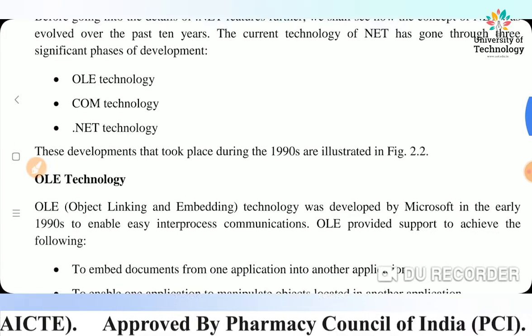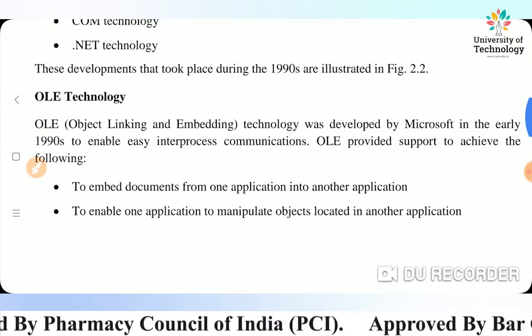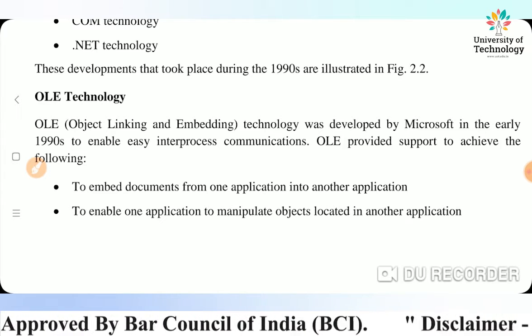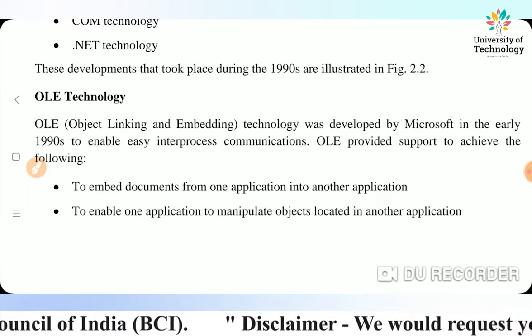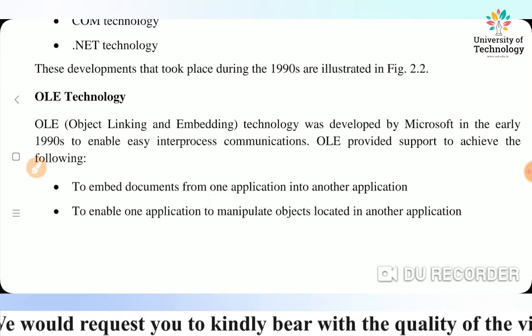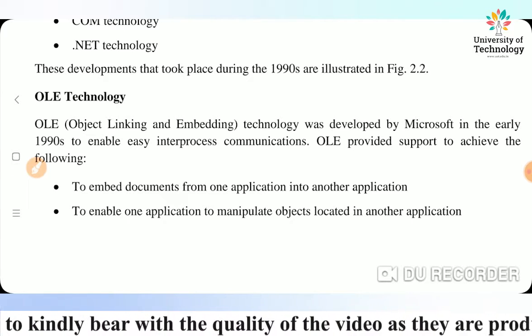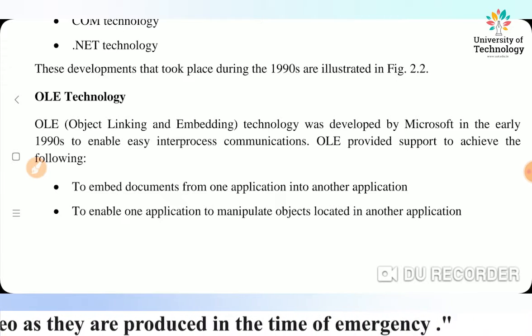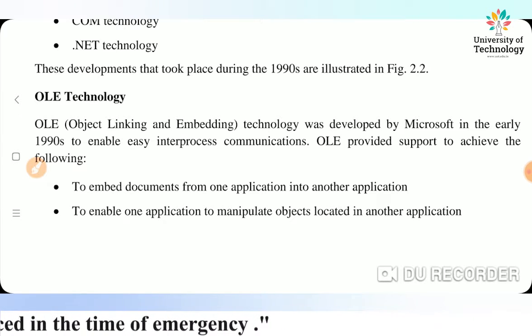First, OLE technology. OLE stands for Object Linking and Embedding. OLE technology was developed by Microsoft in the early 1990s to enable easy inter-process communications. OLE provided support to achieve the following.